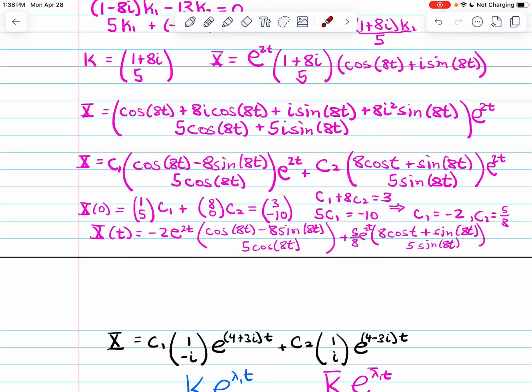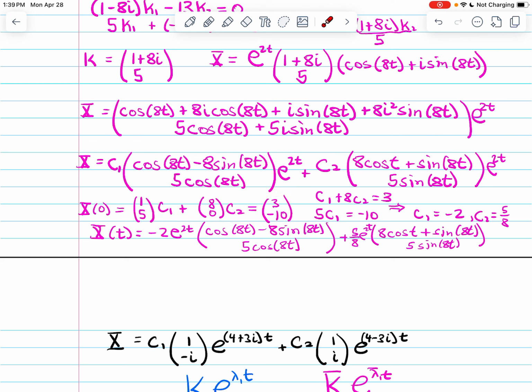So I have 1, 5 times C1, and then this next one becomes 8, 0, because sine of 0 is 0. So I just get 0 in the second row. And we're told that that has to equal this 3, negative 10 vector.